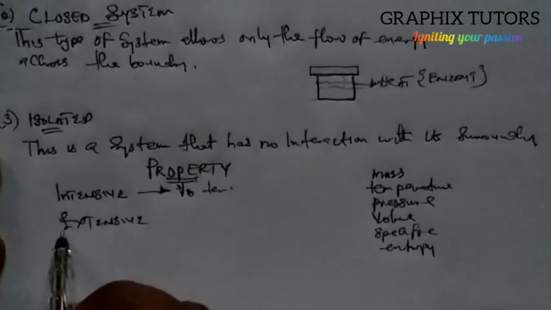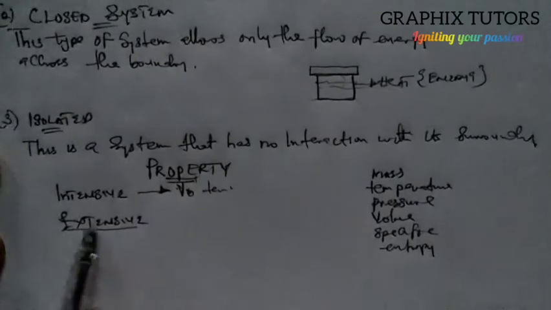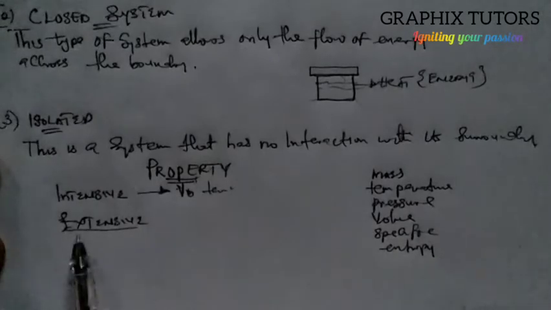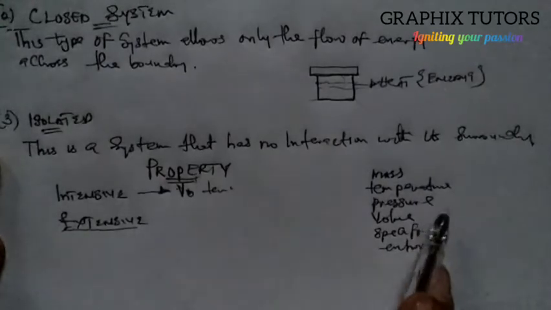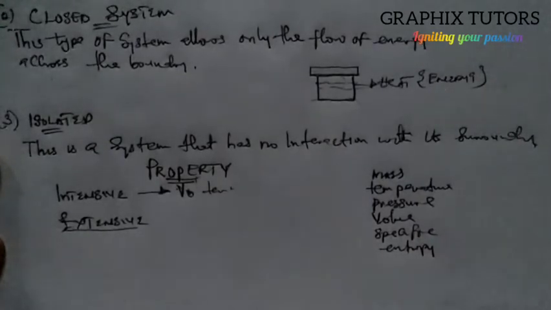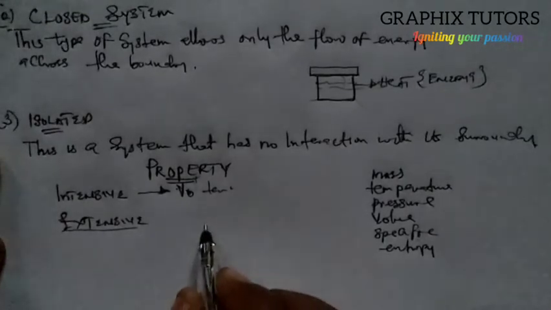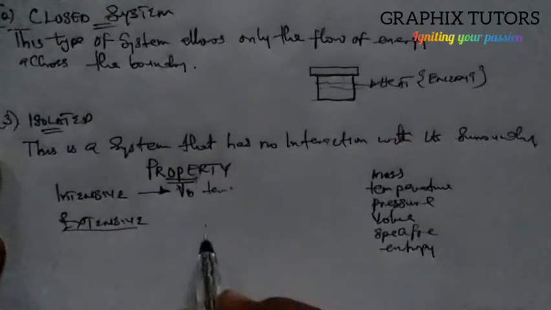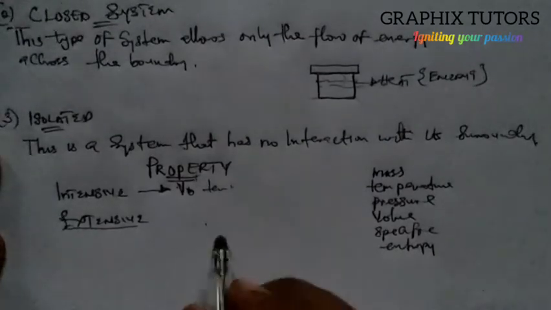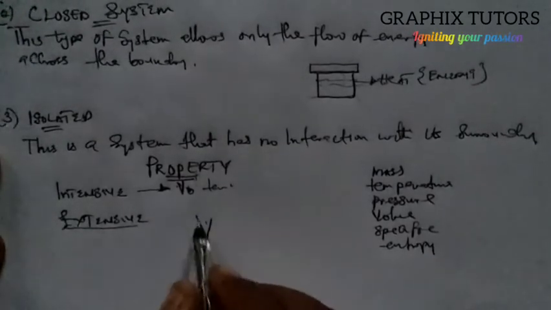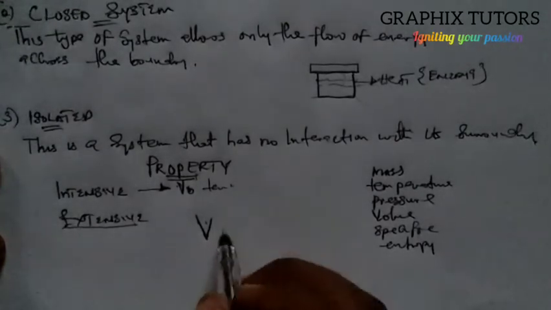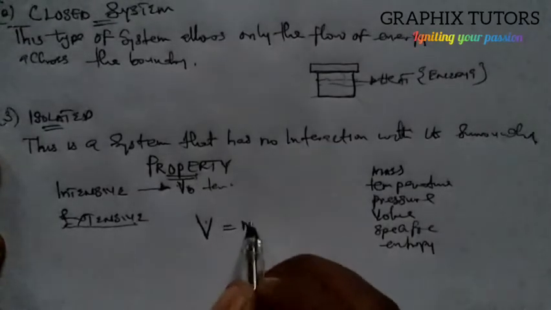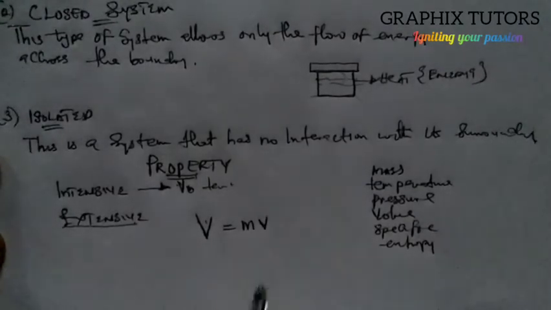Now we'll go into what is called the extensive property. The extensive property is a property of the system that is dependent on the magnitude of mass. So the intensive is independent, while the extensive is dependent on the magnitude of mass, right? For instance, if I have the volume in capital letter, it is an extensive property. It's given as the mass times the small specific volume.